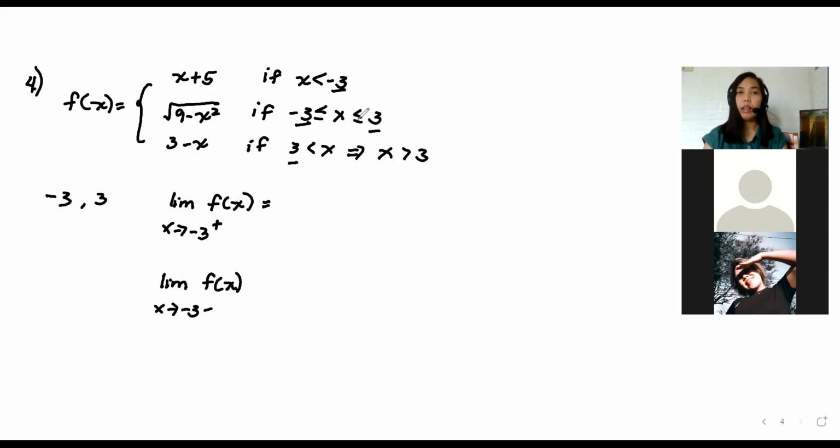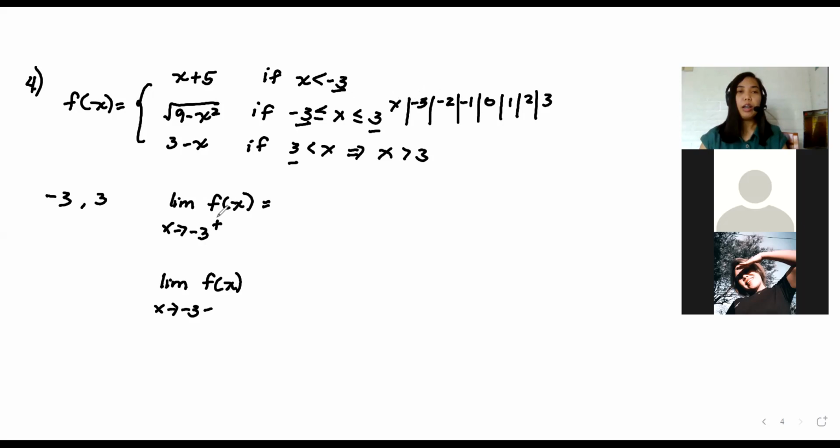Ito ay nasa pagitan nito. Pag ang value ni x ay nasa pagitan ni -3 at 3, so ano yung mga value ni x dyan? -3, -2. Pwede din yung mga nasa pagitan pa nito, class. Pero ito yung mga possible value niya, values ni x. Yung mga nasa pagitan. Okay, again, pwede ang irrational number. Basta yung mga nasa pagitan, halimbawa 0.5, 1.7, 2.8, ganun din dito sa left side. Yan yung mga value niyan.